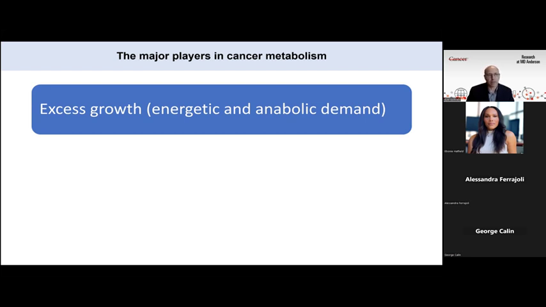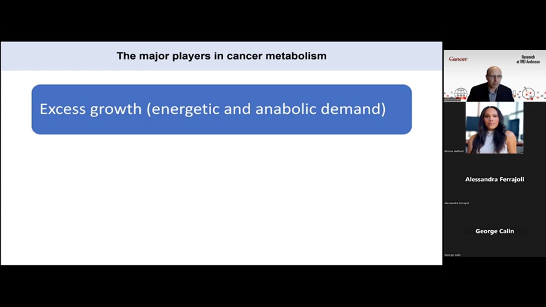This is something that every tissue that grows requires, but particularly tumors that grow indefinitely will require deregulated anabolic processes. This means the conversion of nutrients and small molecules into macromolecules in order to make cells, membranes, proteins, DNA, RNA. These are the major biomass components in our cells.